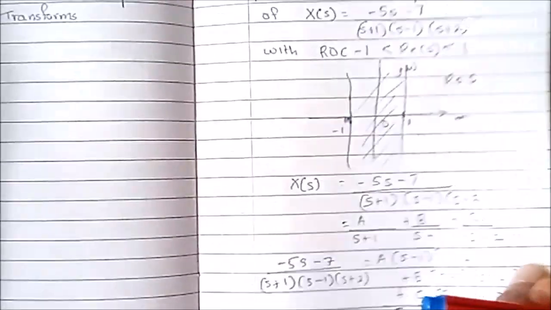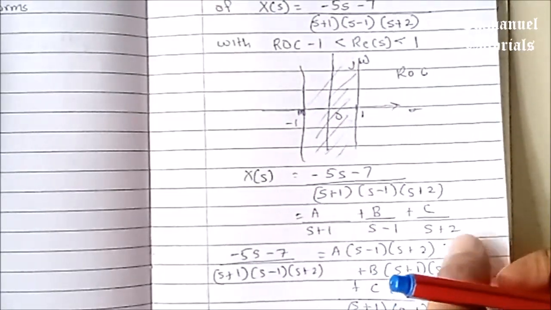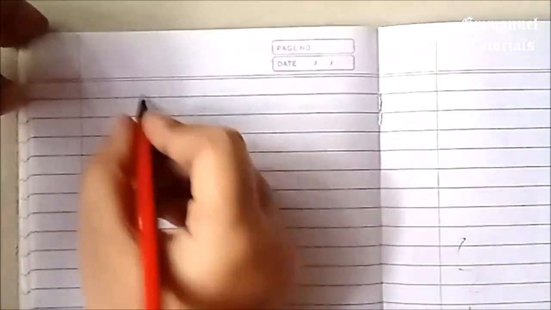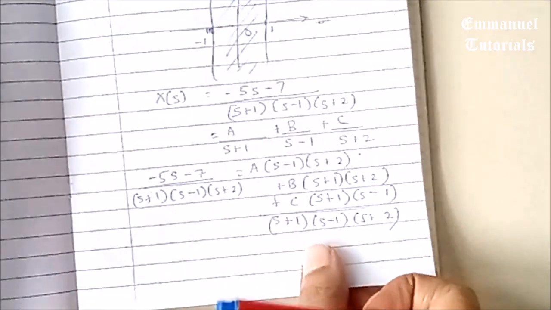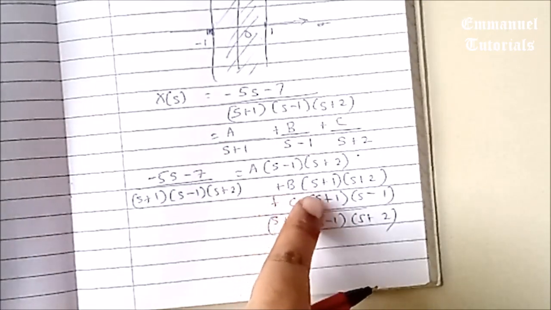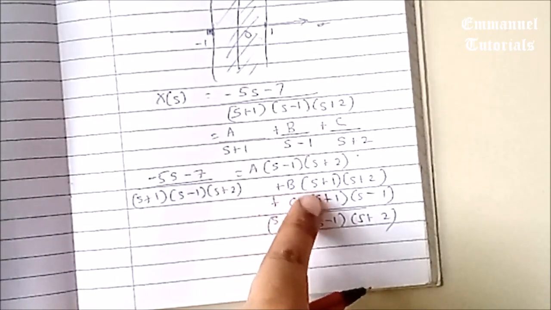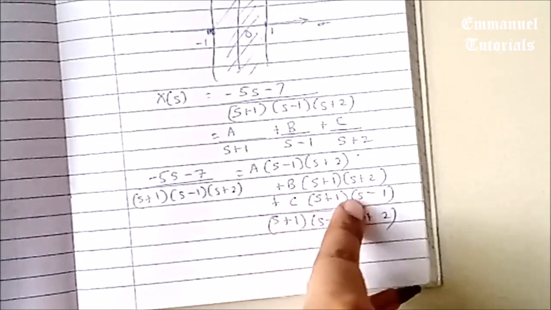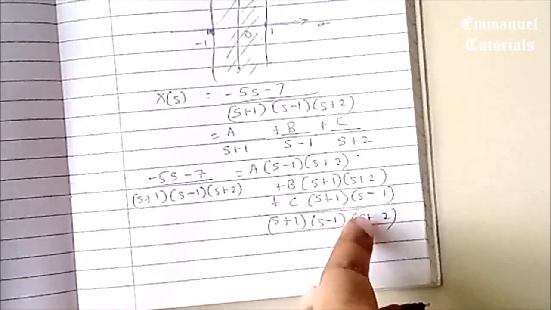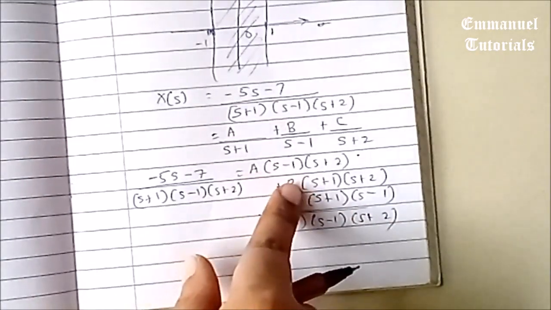For that, first for s equal to minus 1. So when s equal to minus 1, what we'll get is the b term and c term will get cancelled, because minus 1 will be here, the whole term will become 0, minus 1 plus 1, minus 1 plus 1. So only a term will remain.